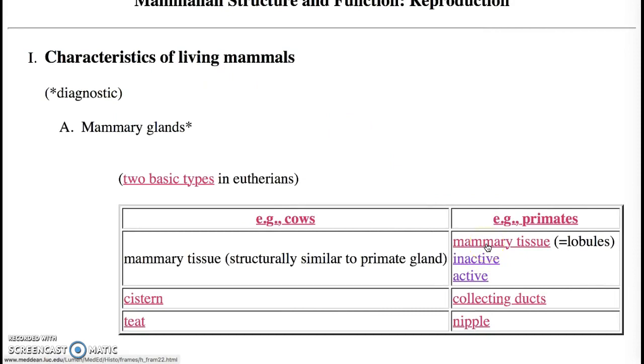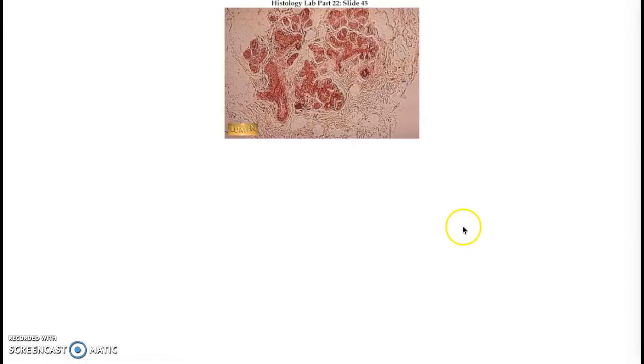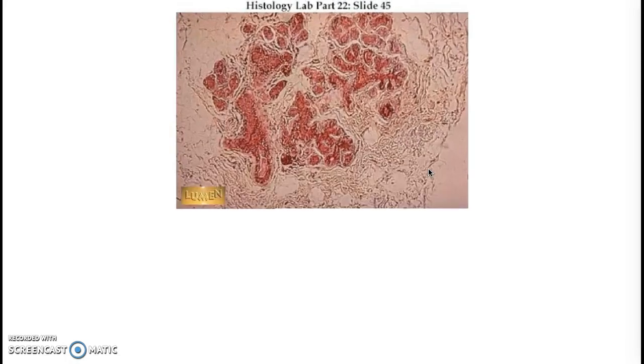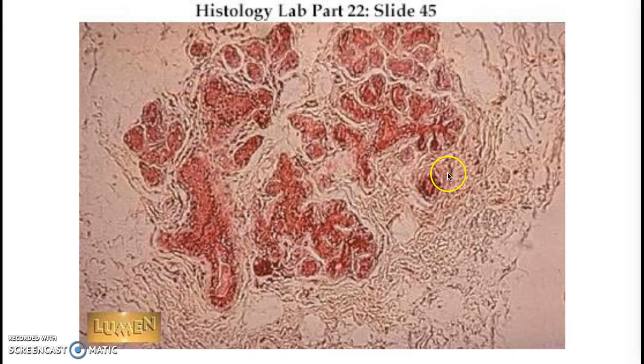If you're interested in histology, maybe pathology, and you want to have a career that deals with things at a microscopic level, you might be interested in looking at these slides of mammary tissue. Let's get bigger. So this is inactive mammary gland tissue, and you can see the secretory cells here.